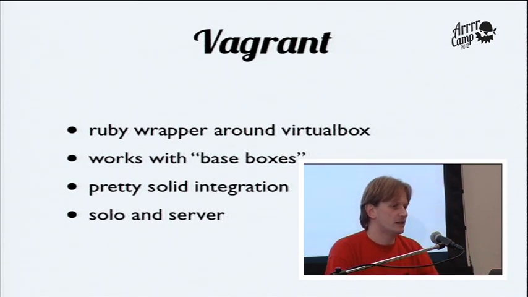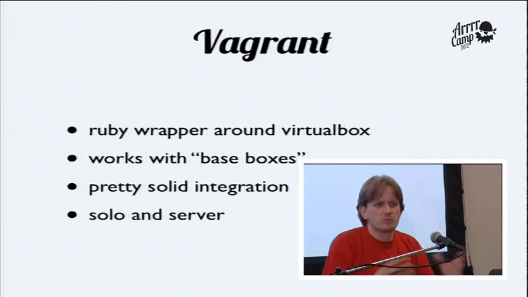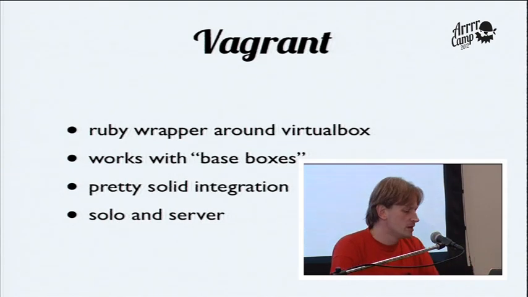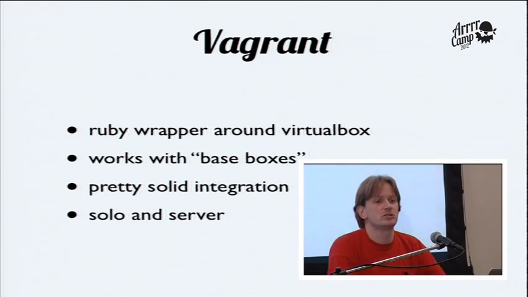Almost everybody of you is familiar with Vagrant. It's a Ruby gem that wraps around VirtualBox. It works with base boxes, which are default sane sets of a basic install of a system. Most base boxes come with a minimal install and then just Chef and the needed gems for Chef on the system. It has pretty solid integration with Chef.